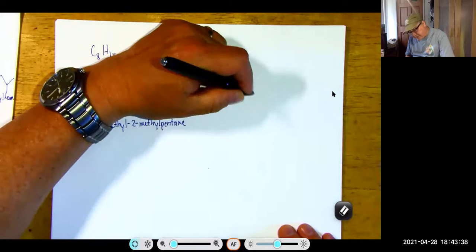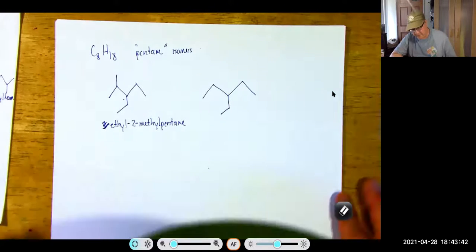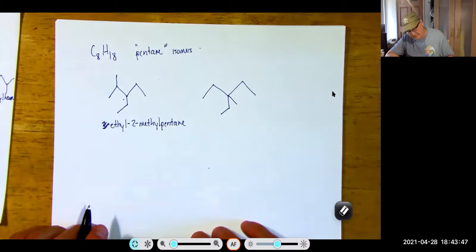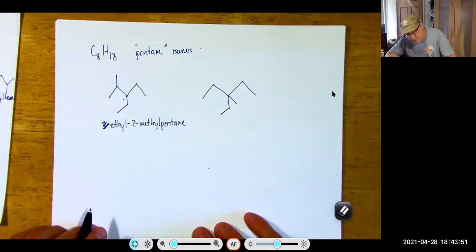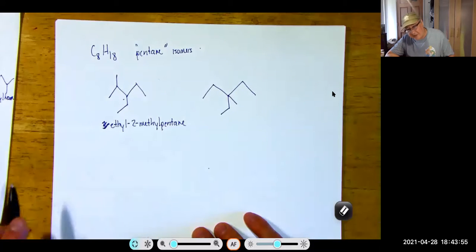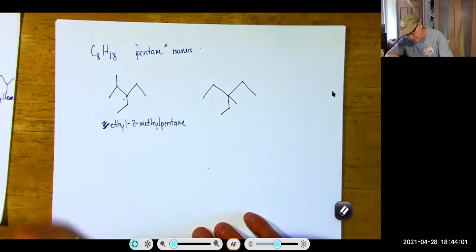I'm going to put the ethyl in the same place because that's the only place it can go. Can I put a methyl there? Or do I have too many bonds to that carbon there? How many bonds to that central carbon? 4. So we're okay. So what do we call this one?